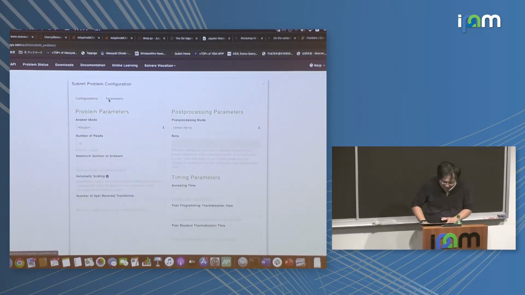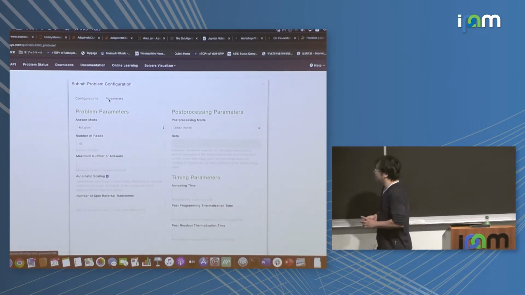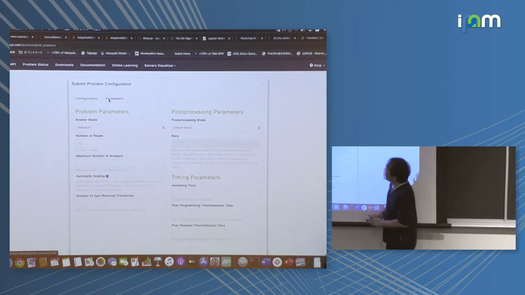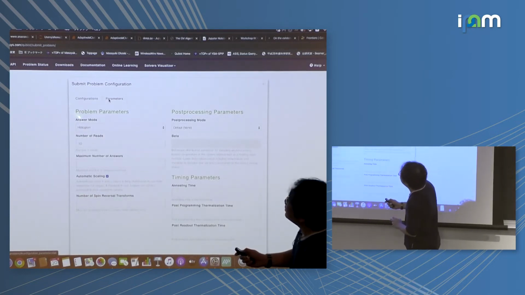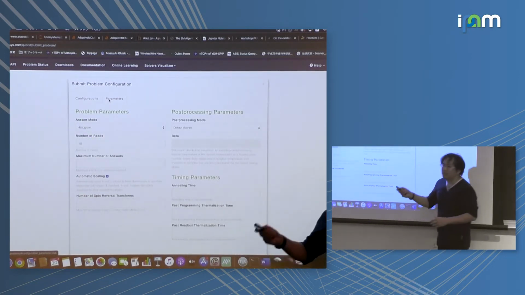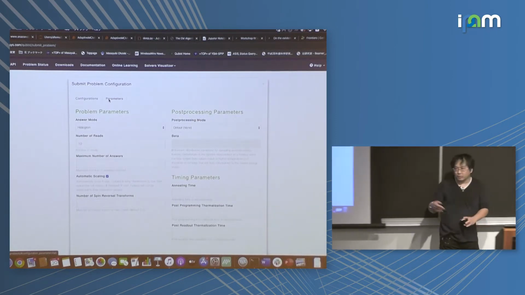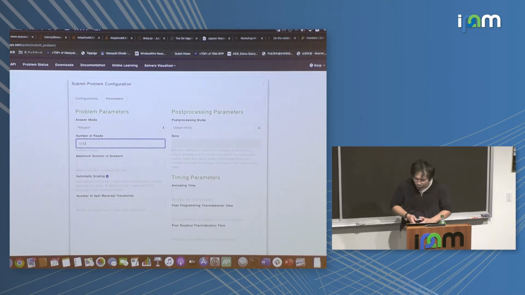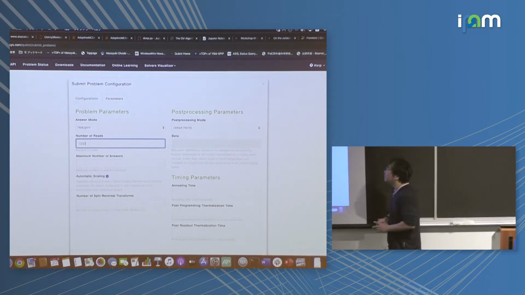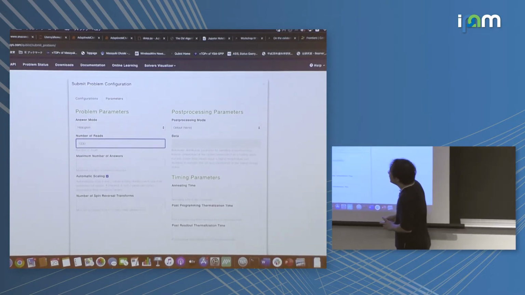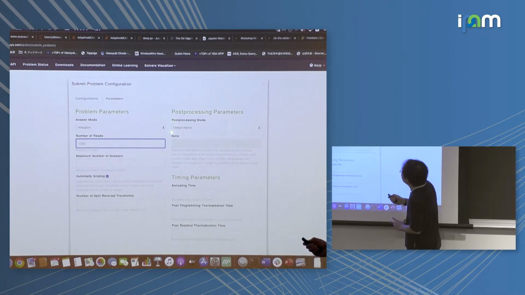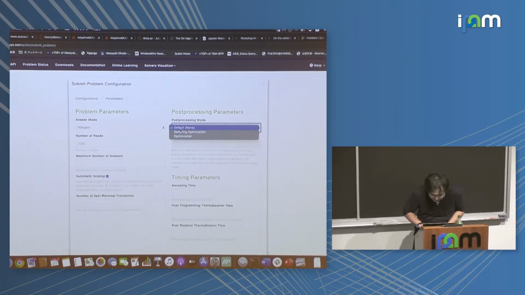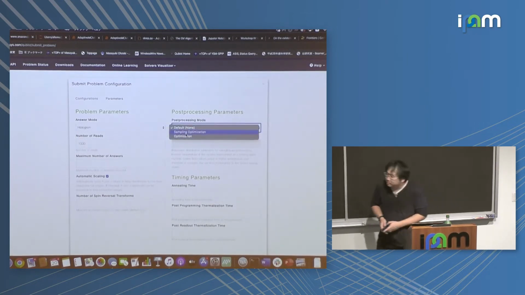Anyway, you can set some parameters for performing the quantum annealing, for example, the answer mode and the number of reads. The number of reads means the number of iterations of the quantum annealing. The default number was 10, but you can change it. And here is maybe interesting: the post-processing mode.